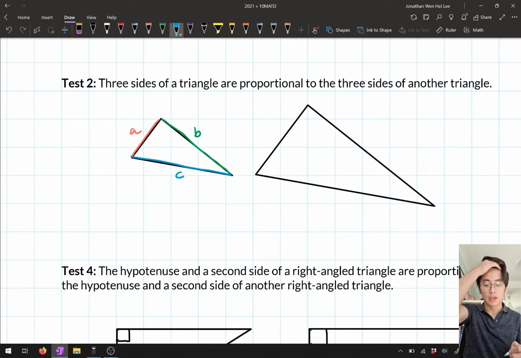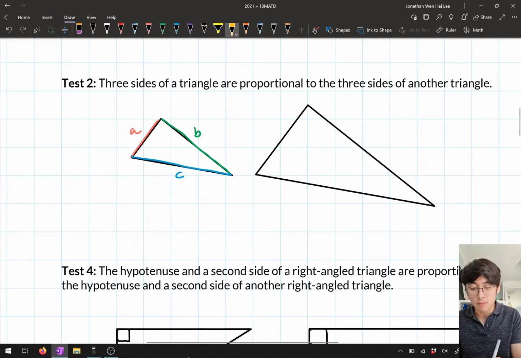For any triangle to fulfill this test, all it means is that we have to keep that consistent ratio. So if I go to the second triangle, let's say I had to multiply by a number, let's call it K, to get to it.